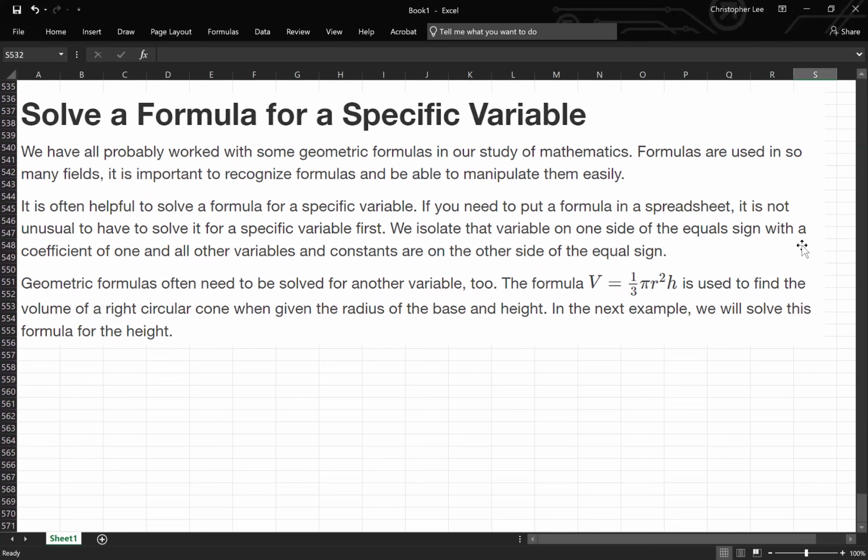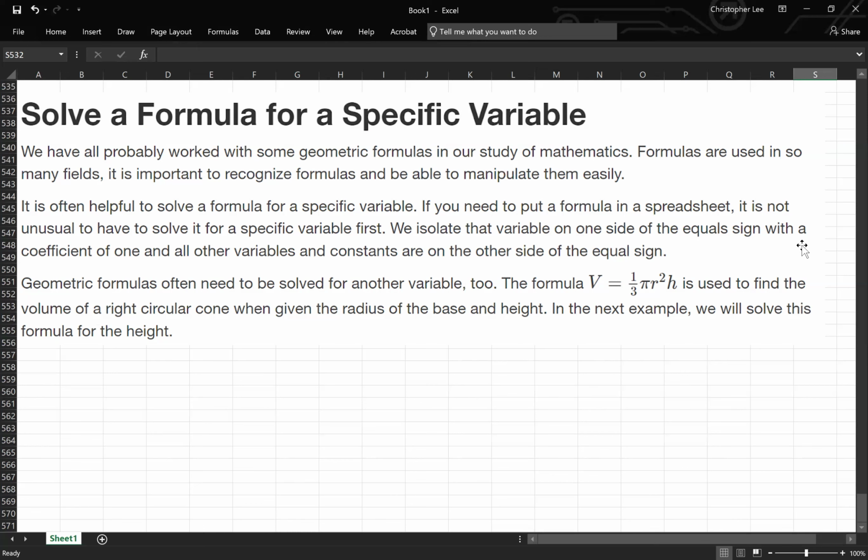If you need to put a formula in a spreadsheet, it is not unusual to have to solve it for a specific variable first. So we isolate that variable on one side of the equal sign with a coefficient of 1, and all the other variables and constants are on the other side of the equal sign, right?